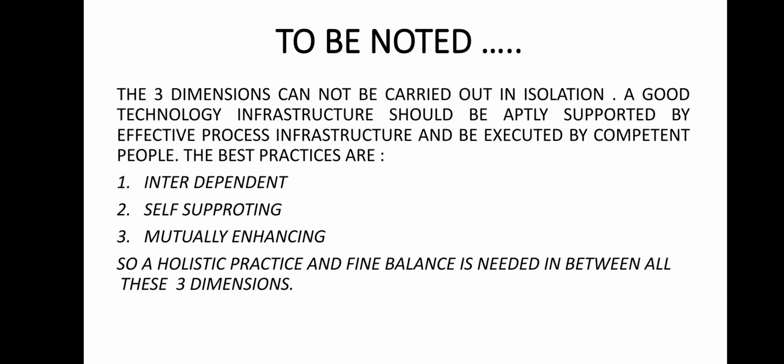So what will be the result? The best practices are interdependent, and the main thing is interdependency. The next thing is self-supporting, and the last one, which is also a result, is mutual enhancing. If there is a holistic practice and a fine balance, then everything will be fine and our results will be fine.